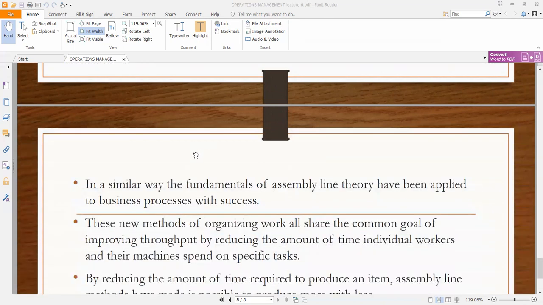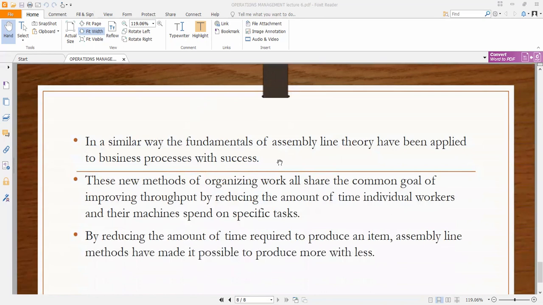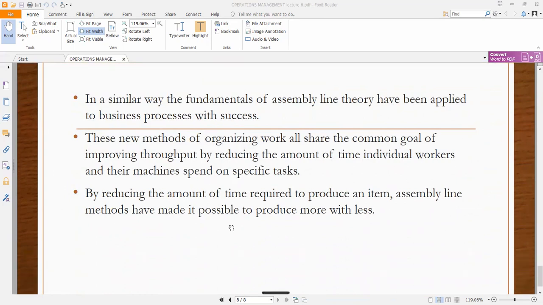In a similar way, the fundamentals of assembly line theory have been applied to business processes with success. These new methods of organizing work all share the common goal of improving throughput by reducing the amount of time individual workers and their machines spend on specific tasks.